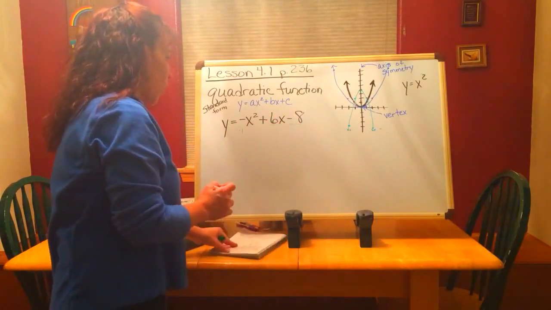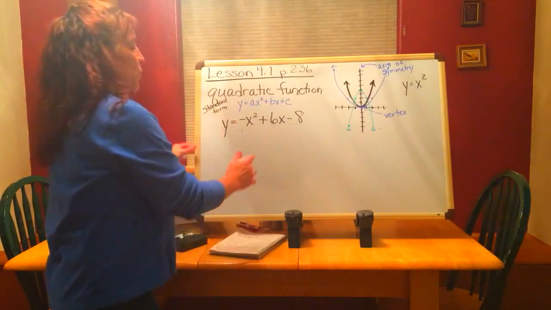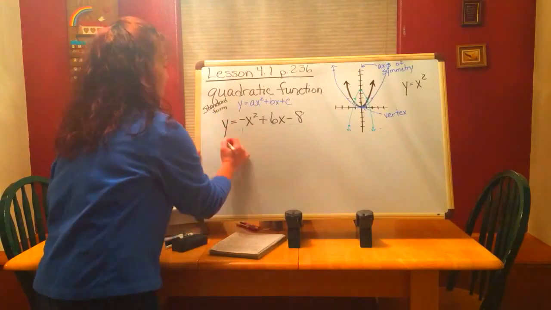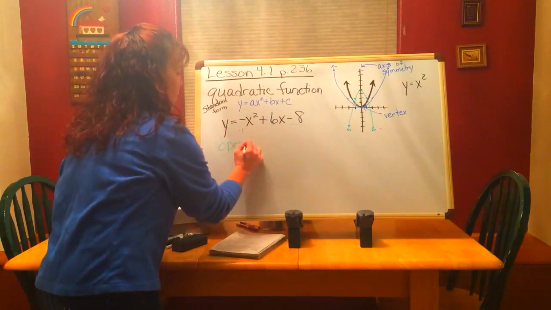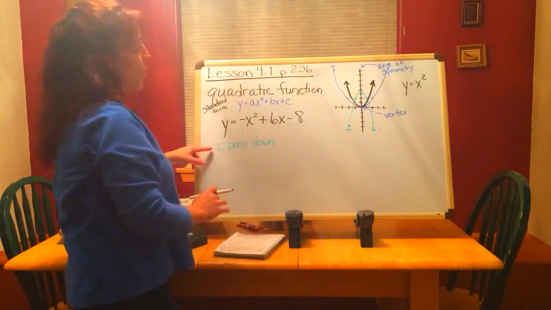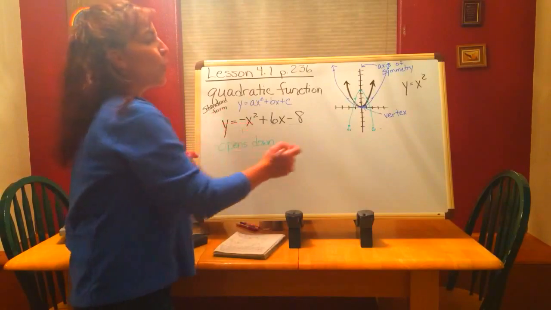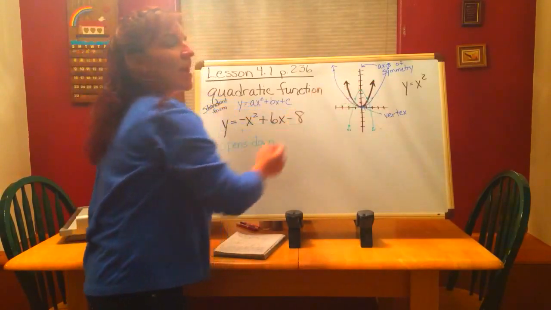So using what we know, since a is negative, we know that it's going to open down. Since a is 1 in absolute value, it's not going to be narrower or wider. It's going to be the same width as our parent graph.